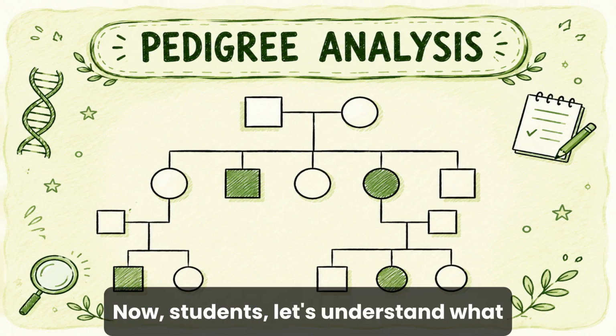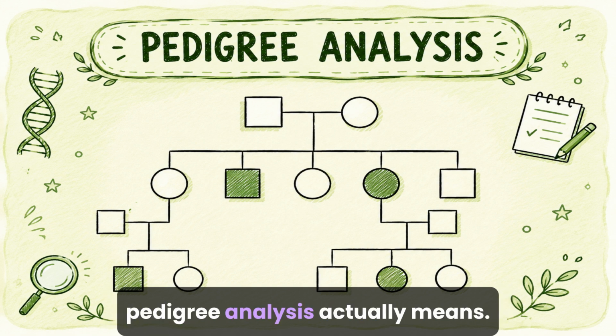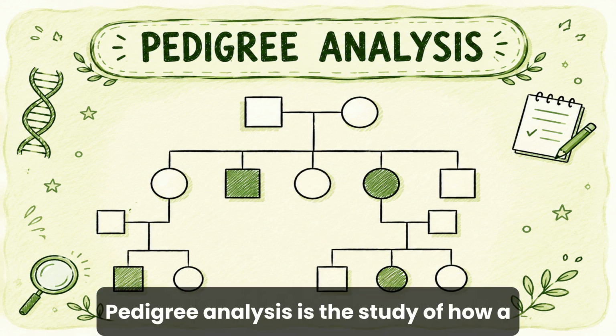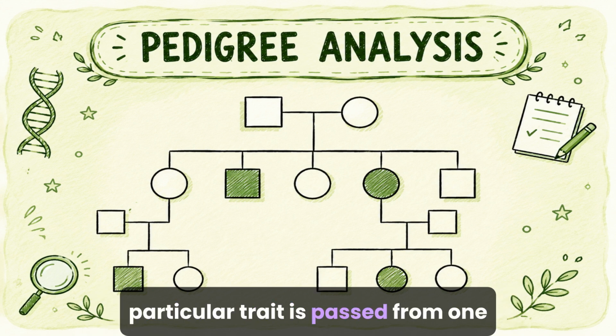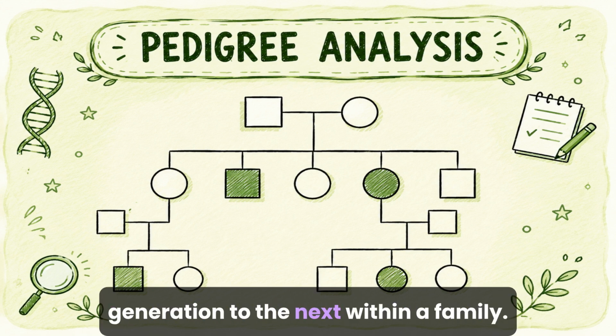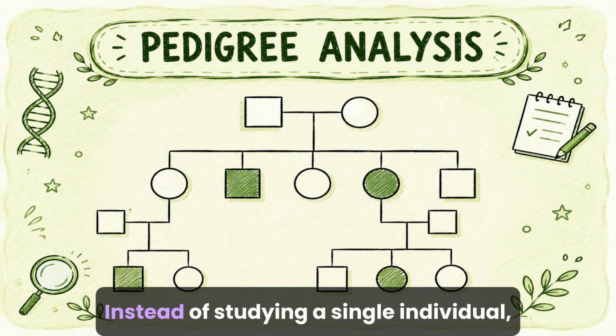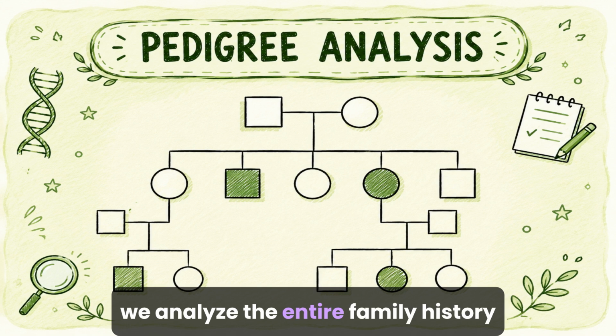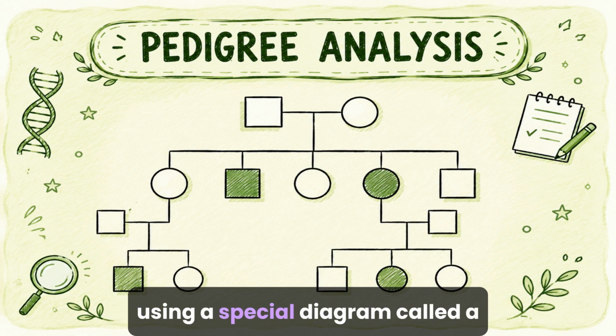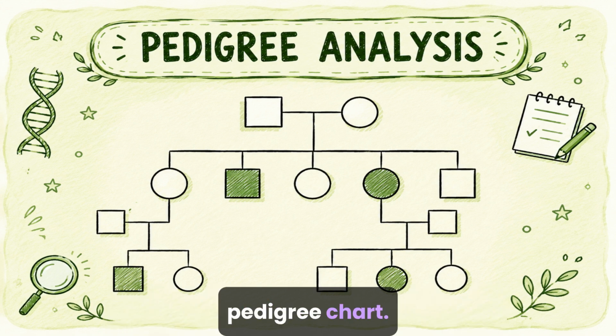Now, students, let's understand what pedigree analysis actually means. Pedigree analysis is the study of how a particular trait is passed from one generation to the next within a family. Instead of studying a single individual, we analyze the entire family history using a special diagram called a pedigree chart.